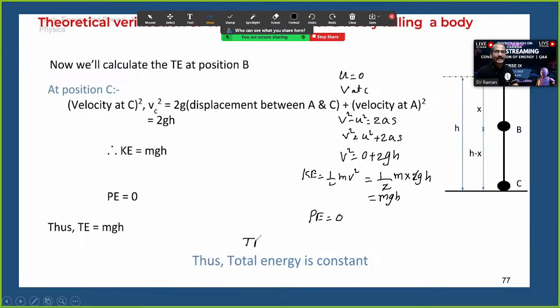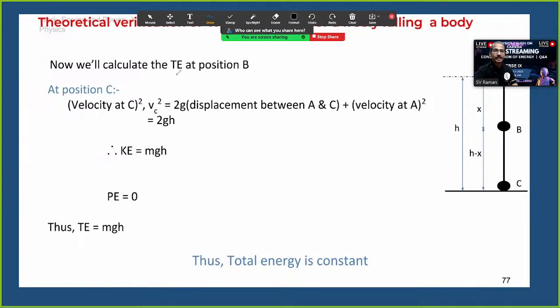Now the total energy is equal to kinetic energy plus potential energy, that is mgh plus 0 is equal to mgh. That is the total energy. So finally, both kinetic and potential energies addition is the same. Total energy will be the same at point A, point B and point C. Clear? So conservation of energy is applicable in the free fall equation.